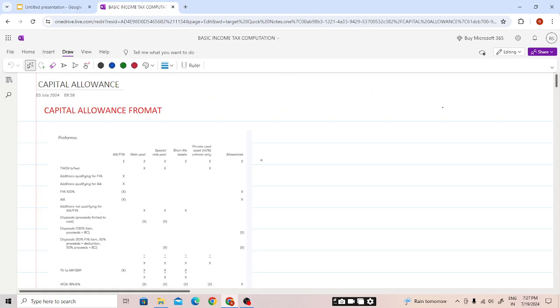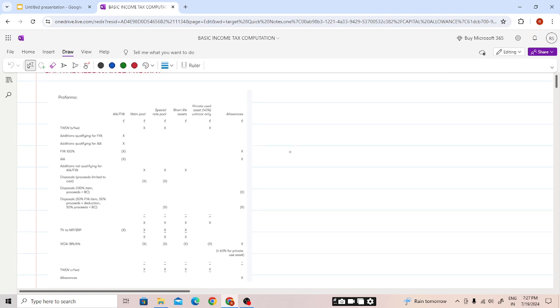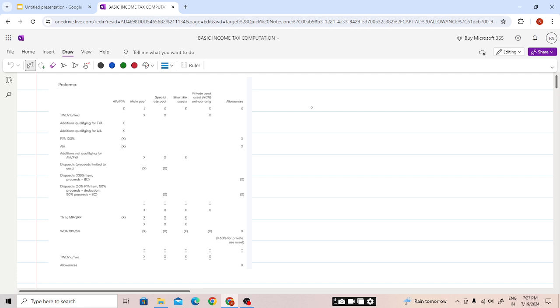And then student, we had seen the capital allowance format. First, we need to see the asset, the capital asset or the qualifying expenditure falls in which pool, whether main pool, special rate pool, short life asset or private use asset. Then we will calculate the capital allowances. The format starts with the tax written down value brought forward and the additions which we are purchasing in the year, in the period of account, qualifying for FIA or AIA, and additions not qualifying for FIA, AIA.